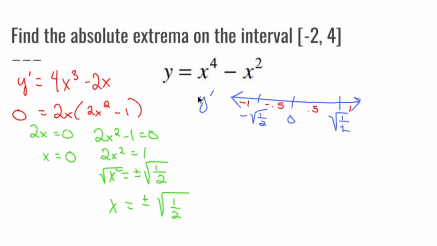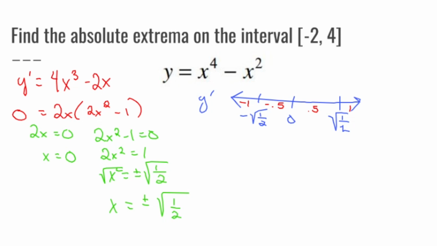Now, I'm going to plug into the derivative, because plugging into the derivative gives me the opportunity of finding increase, decrease, all of that good stuff. Whenever it goes from increase to decrease, it's a maximum. Whenever it goes from decrease to increase, it's a minimum.